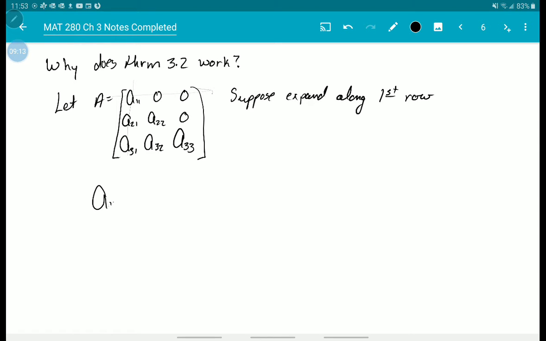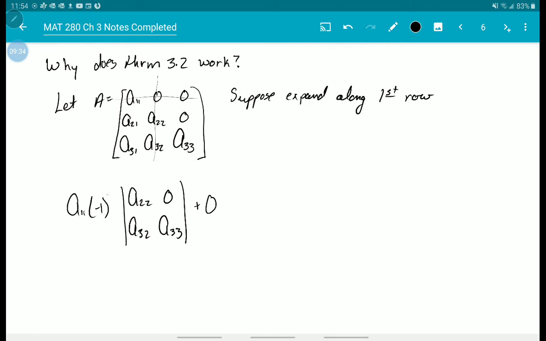It would be a11 times the determinant of a22, 0, a32, a33. And then it would be plus, now we're going down that second row. You see how that's going to be a 0. Don't forget the negative 1 to a power. And then we would have 0 times negative 1 to the 1 plus 2 times the cofactor.